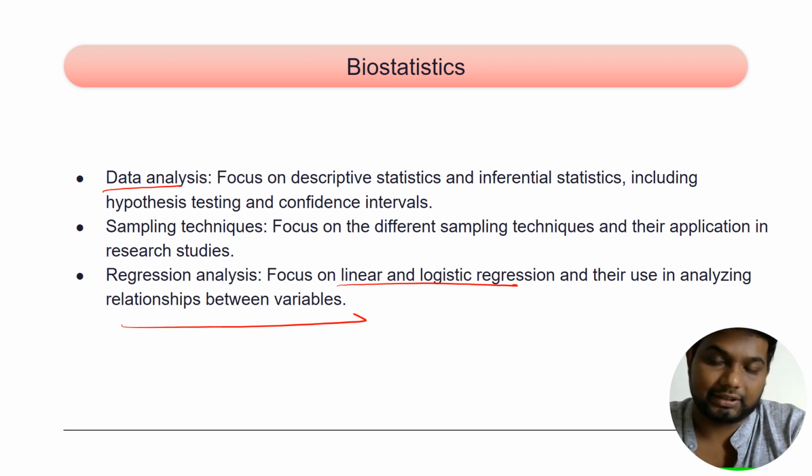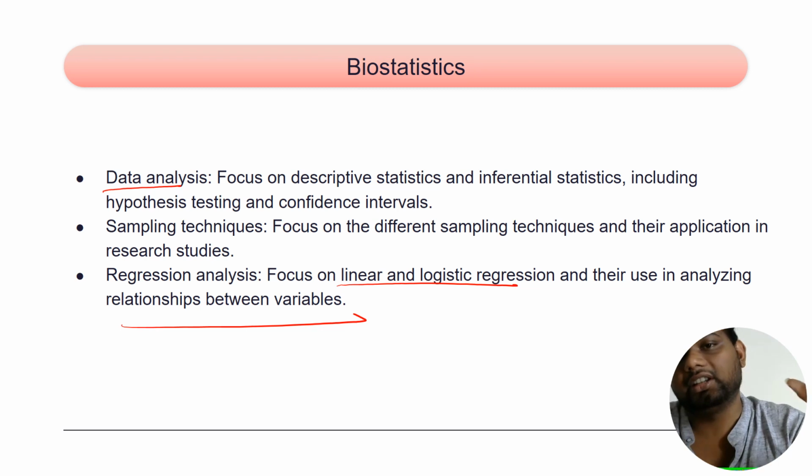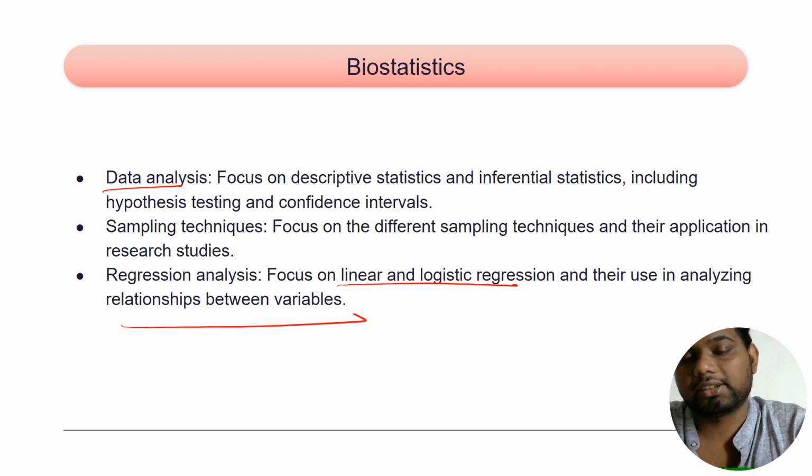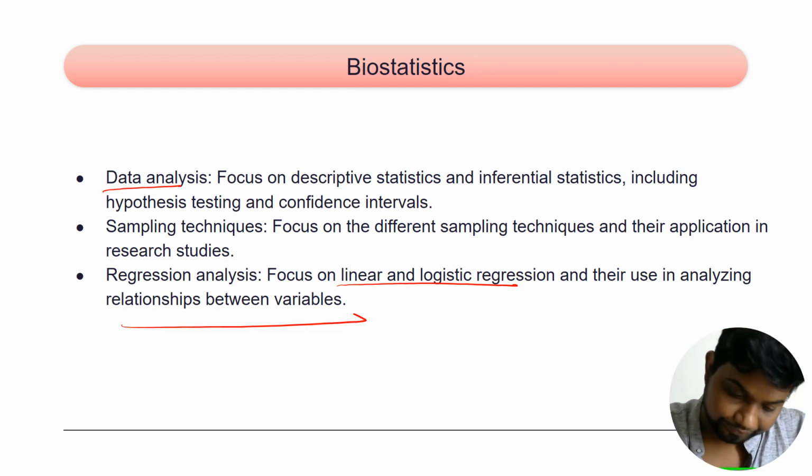For example, they give you a bar chart and ask what type of details can be obtained from that. They give you a dot graph and ask what data can be obtained through this. This type of question they may ask you here.